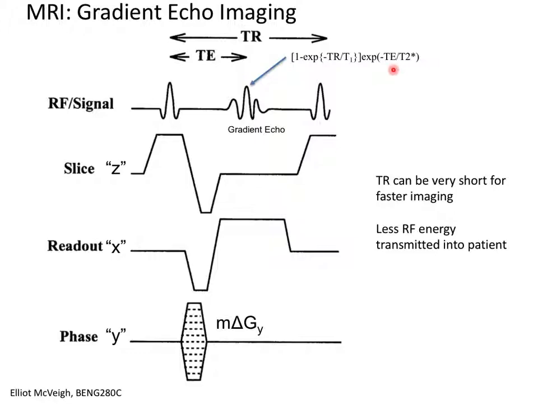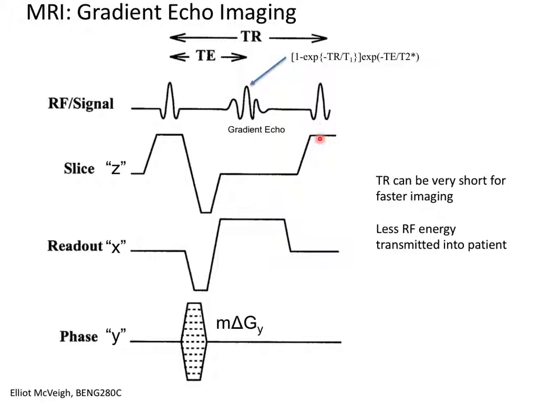The real advantage of imaging in this way is the fact that we can get all of this done. All of this RF pulse, these gradients switched, this readout, everything completed in about a couple of milliseconds. All right, so that gives us the opportunity then to apply another RF pulse immediately and just do it again.